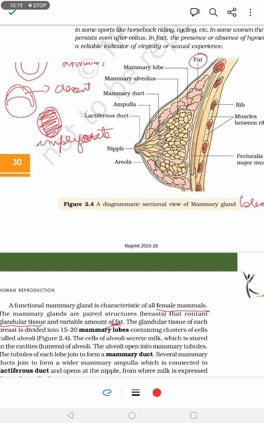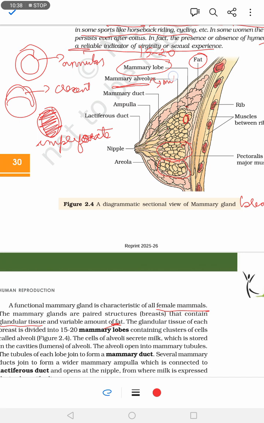Each mammary gland is divided into certain lobes, 15 to 20 lobes. So this is one lobe, and lobes like that will be there. In each lobe you can see a mammary alveolus. Only in this alveolus is the milk produced. Then from the alveolus the milk goes to the tubules.